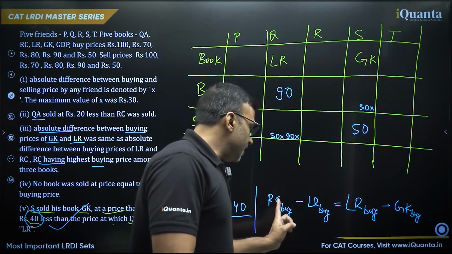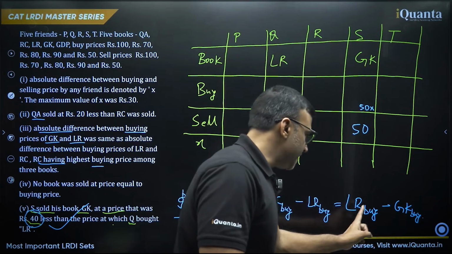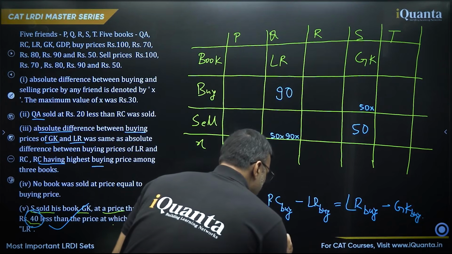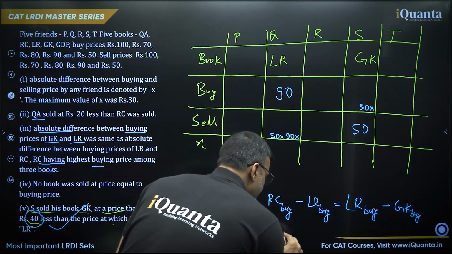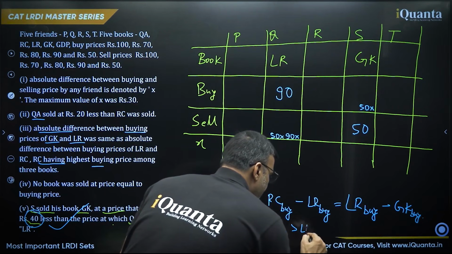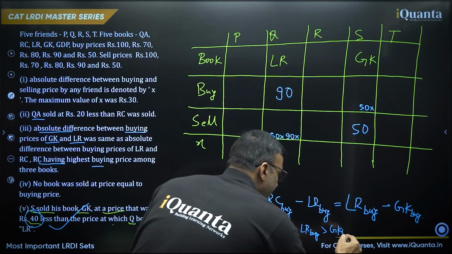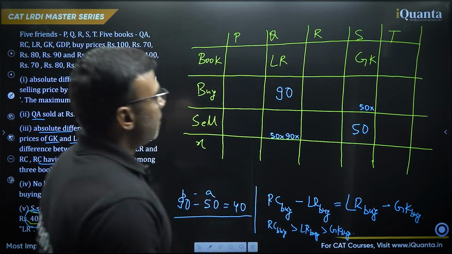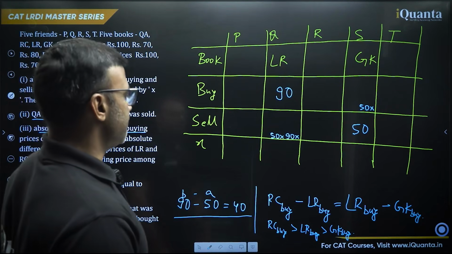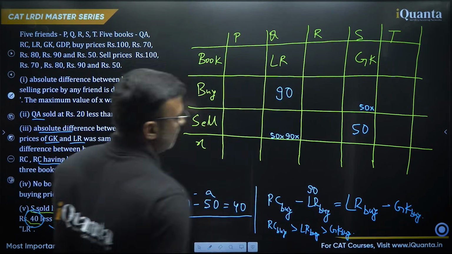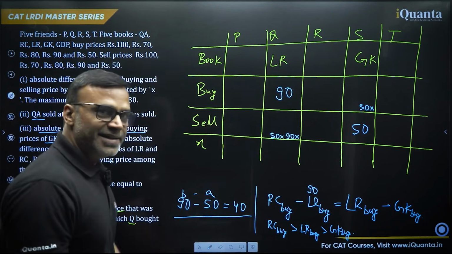So LR buy will be less than RC buy, GK buy price will be less than LR. So RC buy price will be more than LR buy price, which will be more than GK buy price. Right? Fantastic. And LR buy price is already 90.